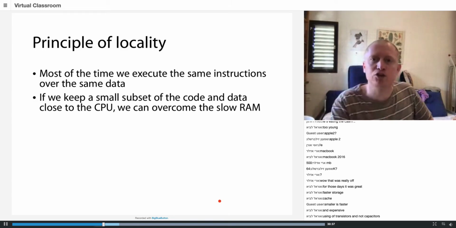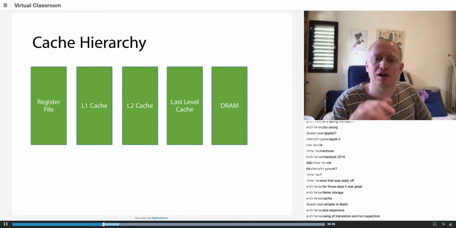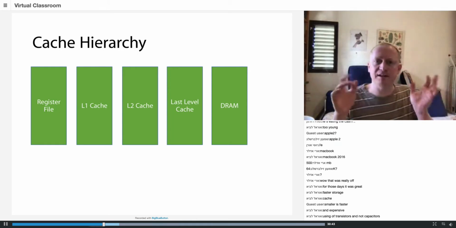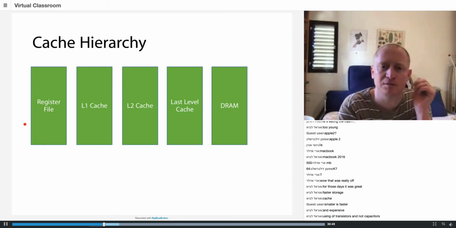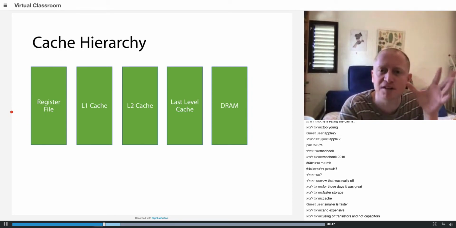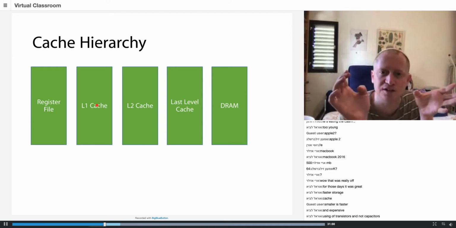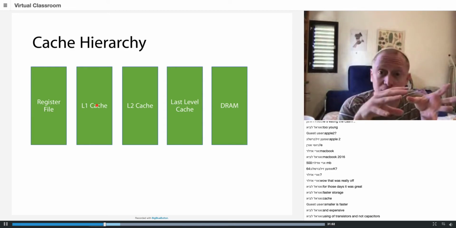Caches have what is called a cache hierarchy. The idea is that this is the CPU, sitting here, and it wants to get data really, really quickly. And this is the DRAM, which is really, really slow. What we're going to do is build little caches closer and closer to the CPU. Each one of these caches is smaller and therefore faster.